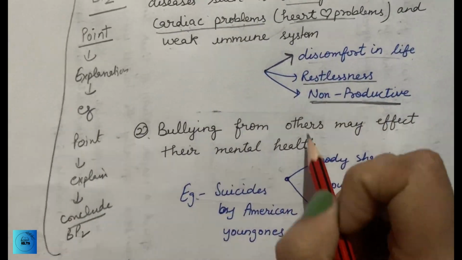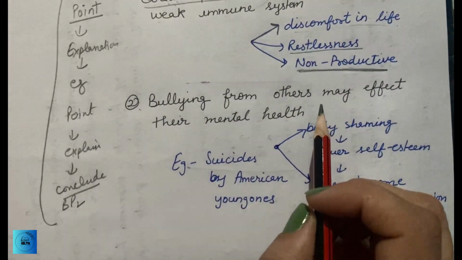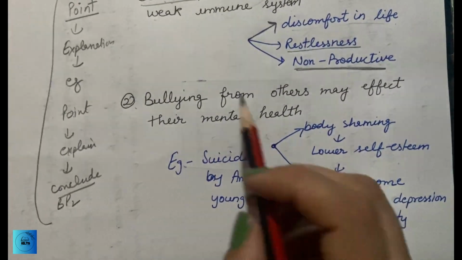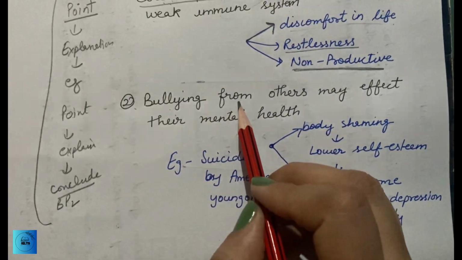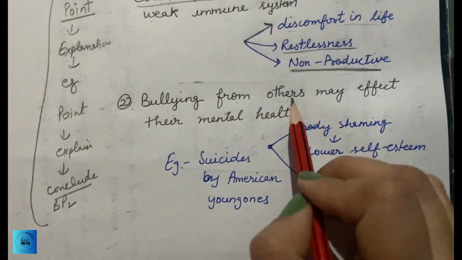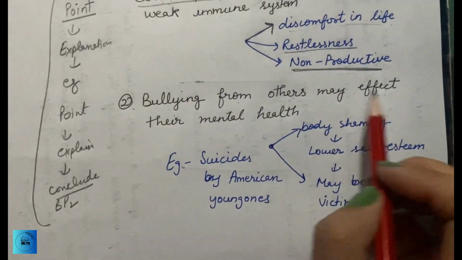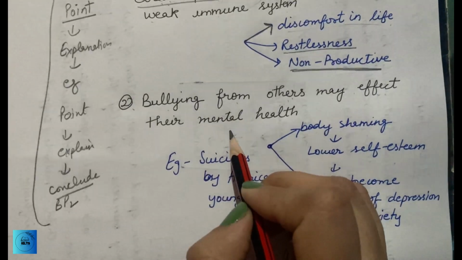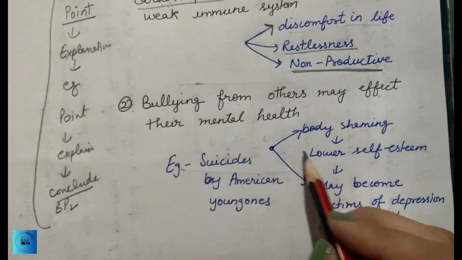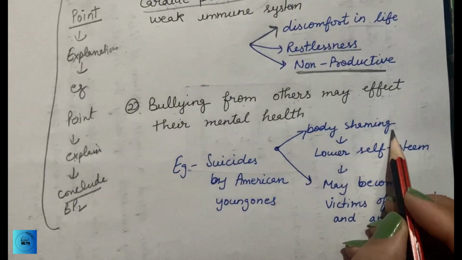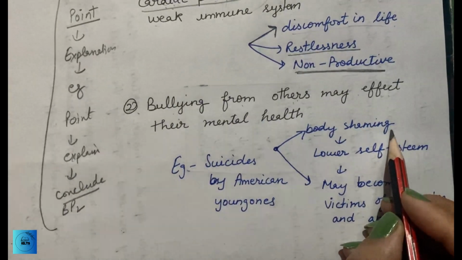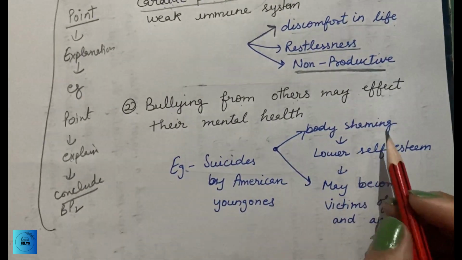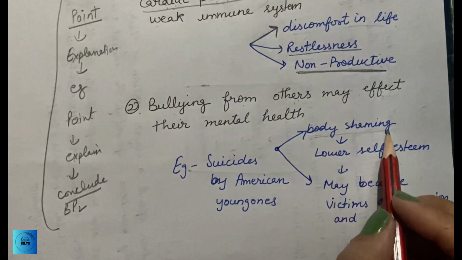The second point can be bullying, which is very common in America. So bullying from others or their age mates is very common. This can affect their mental health. So bullying, what does this mean? Body shaming. If a person is fat, the person's age mates or peers, or sometimes friends, body shame them.